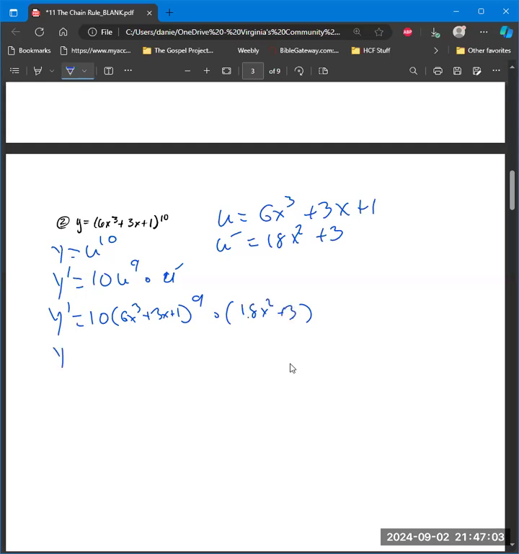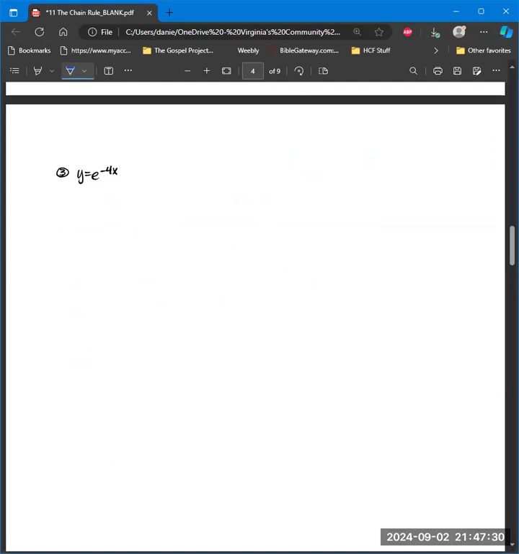Common factor of 3 comes out and makes this 30 times x squared, 6x squared plus 1 times 6x cubed plus 3x plus 1 raised to the 9th power. Sure, that's clearly a 30 right there.